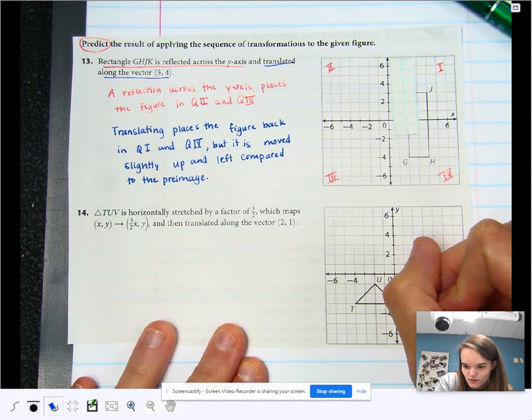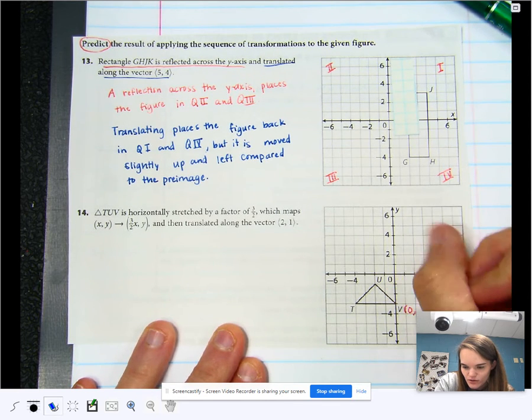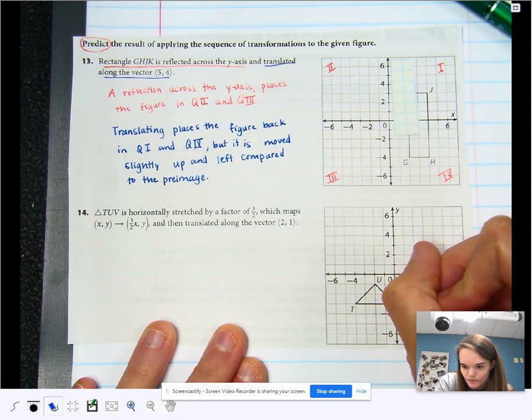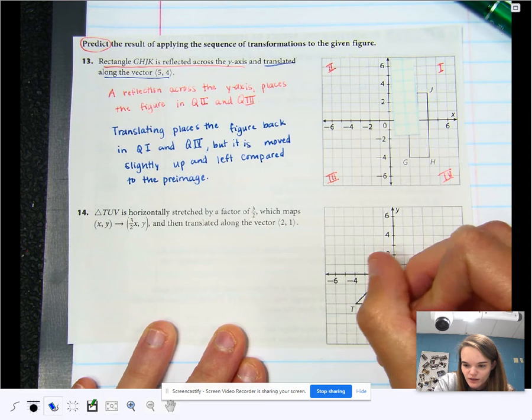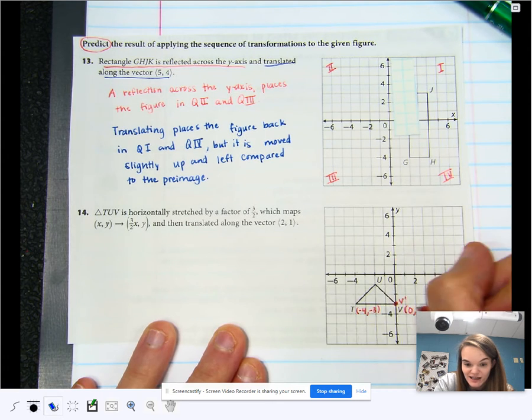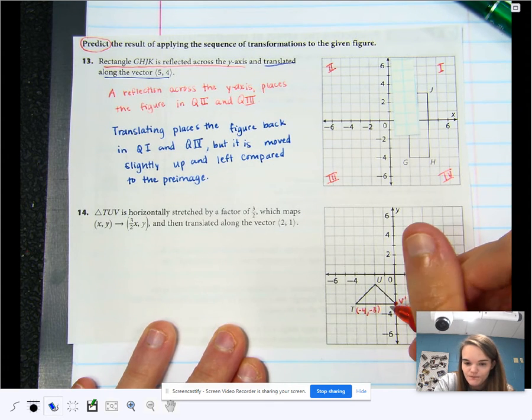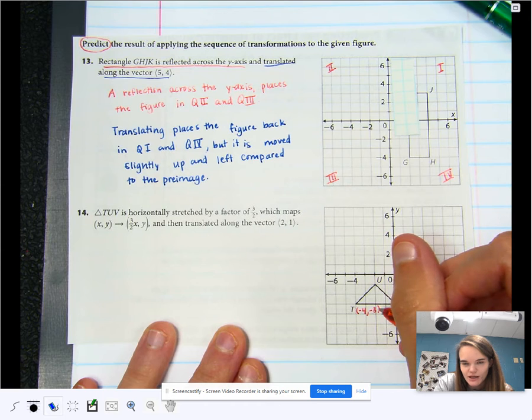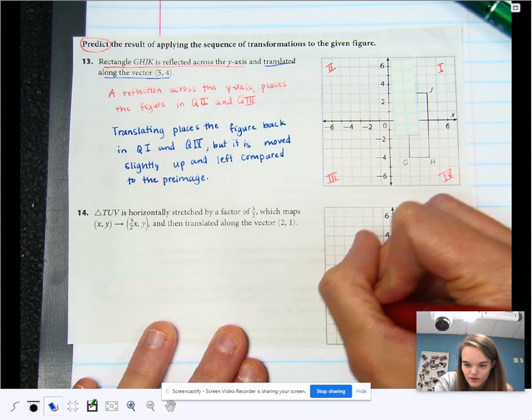V is at 0, -3. Well, it doesn't move. T is at -4, -3. It's still going to be in this line, but 3 halves. 3 times -4 is -12, divided by 2 is -6. T prime's going to be over here.